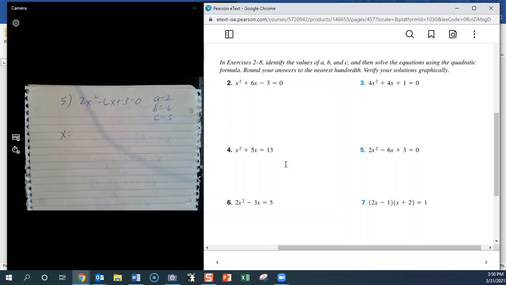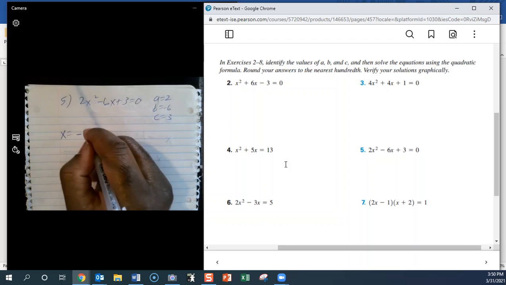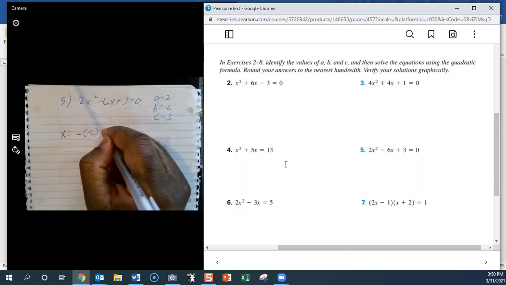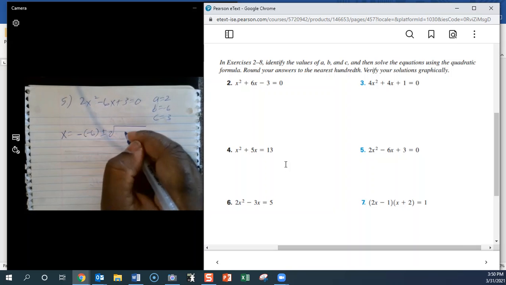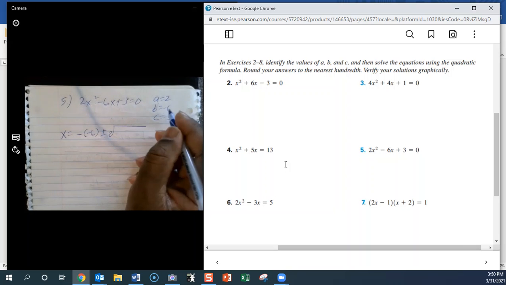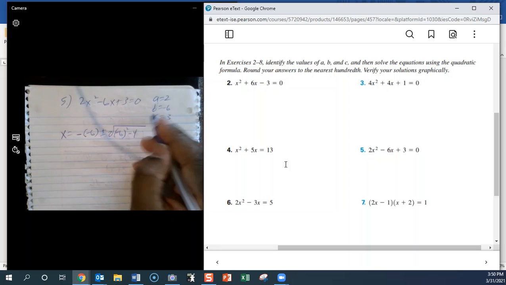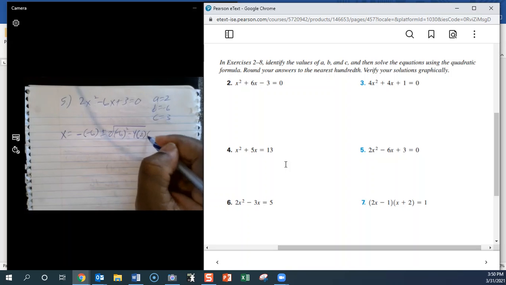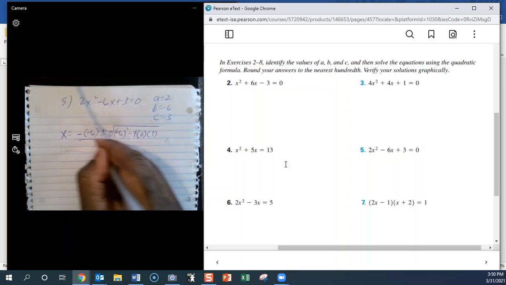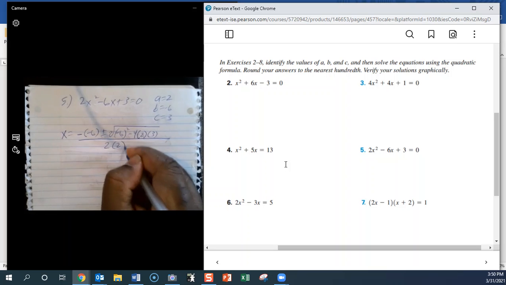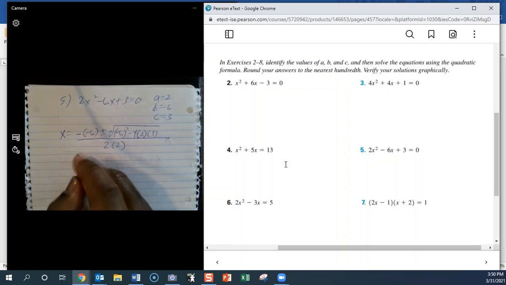So we would do the quadratic formula. It'll be negative, the opposite of -6, plus or minus the square root of b squared, so it'll be -6 squared minus 4, a is 2, and c is 3, all over 2 times a, so that'd be 2 times 2.